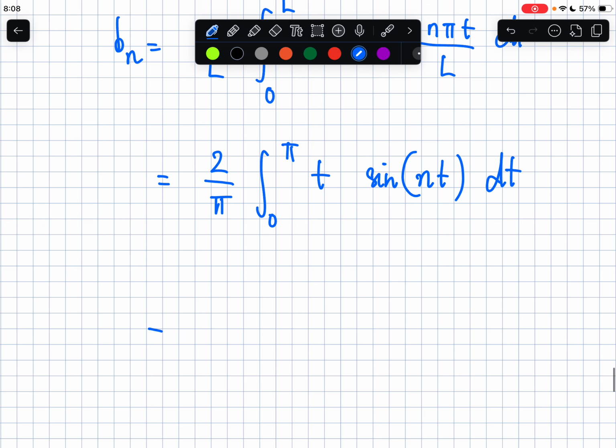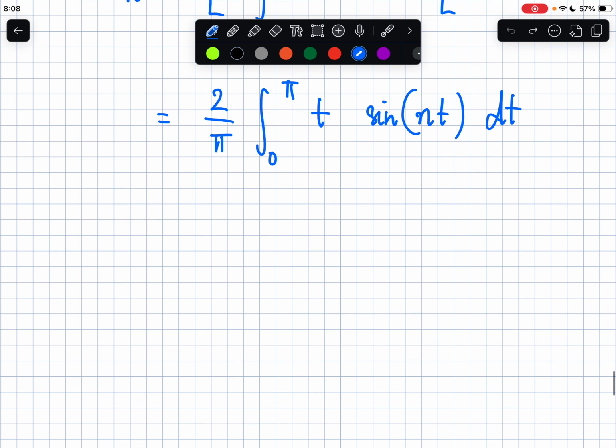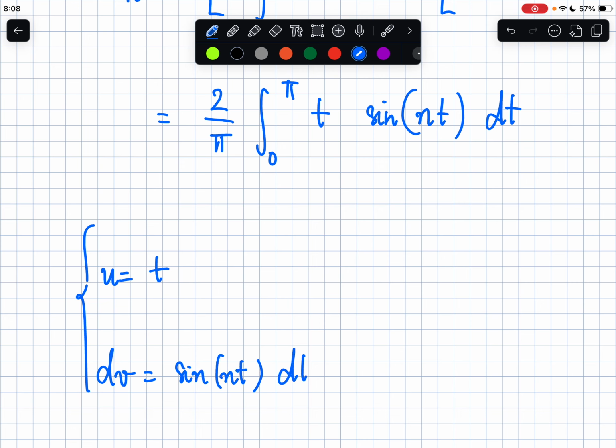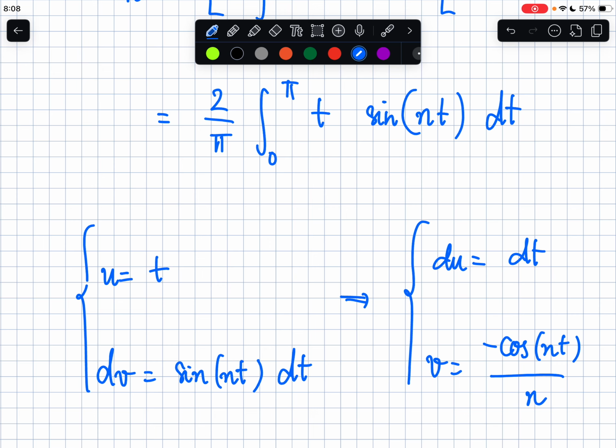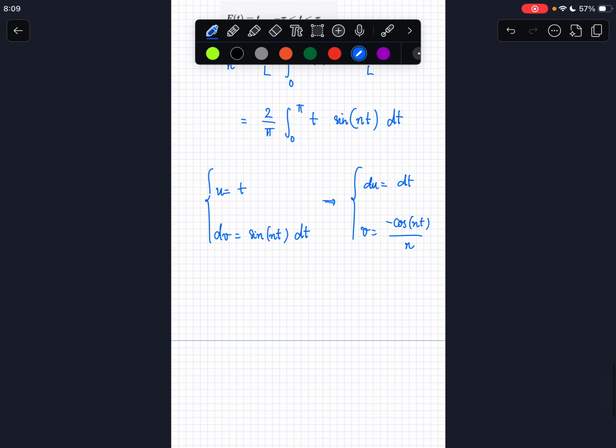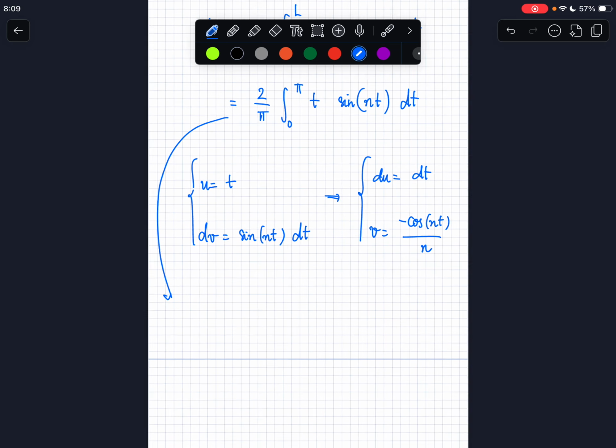You need to compute this by integration by parts. So let me do it. u equal to t, dv equal to sin(nt) dt, du equal to dt, v equal to minus cosine(nt) divided by n.